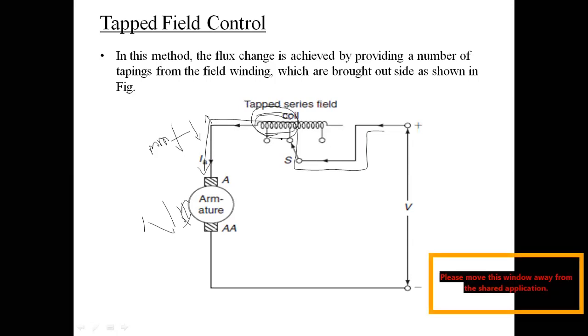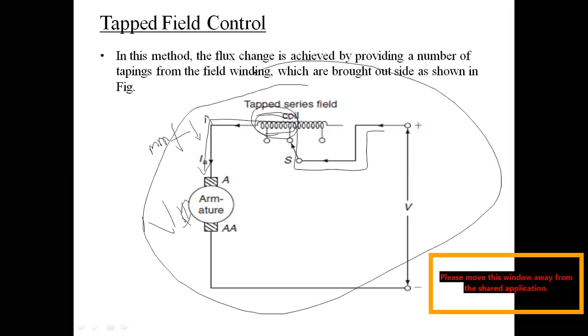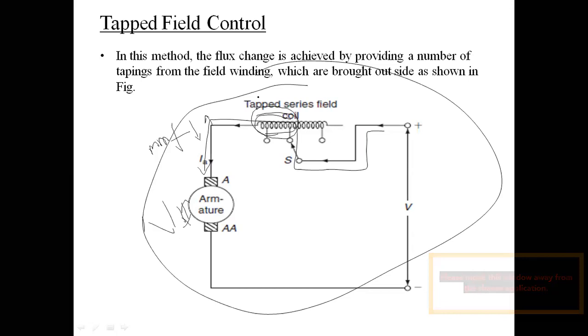So that's why these types of connections are mainly used for electric traction purposes. This is the best method for controlling the speed of your DC series motor. Earlier, in the previous classes at the time of starting, we discussed drives.